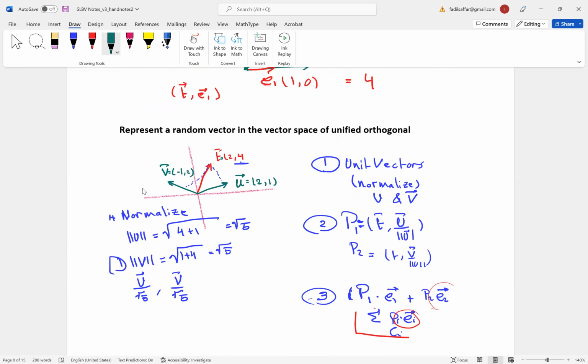Let me reiterate what we did here. Here we had 2 vectors, U and V, and these 2 vectors represent what we called vector space, or vector linear space. And we wanted to express another vector in terms of the space that was created by these two vectors.